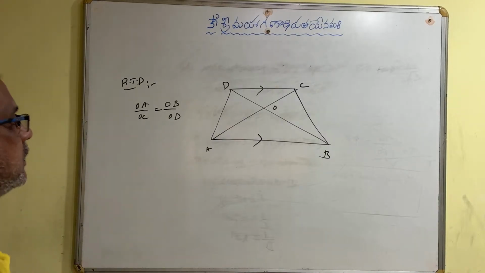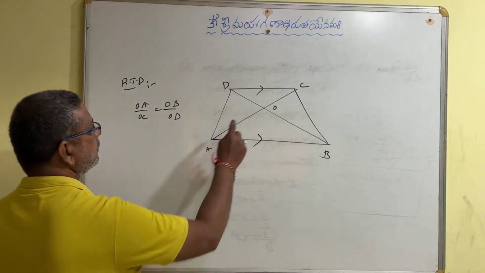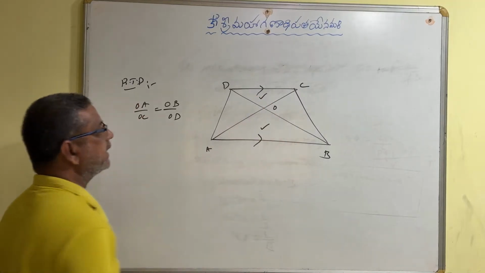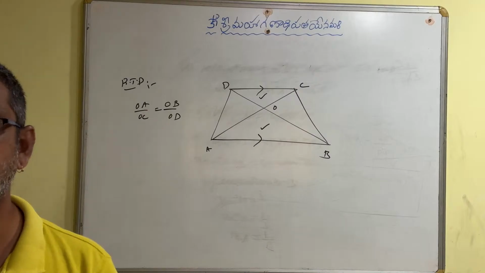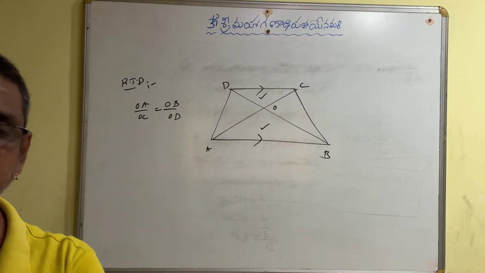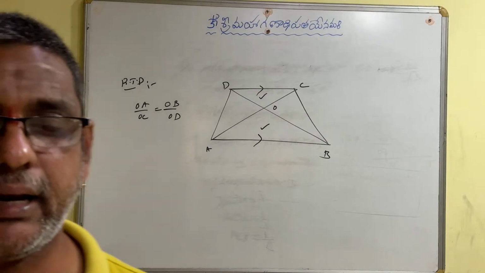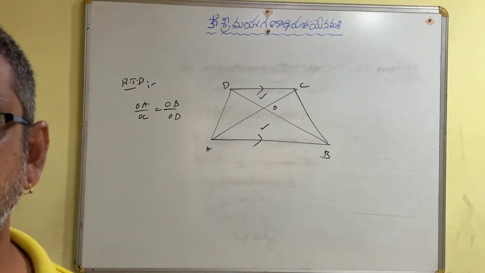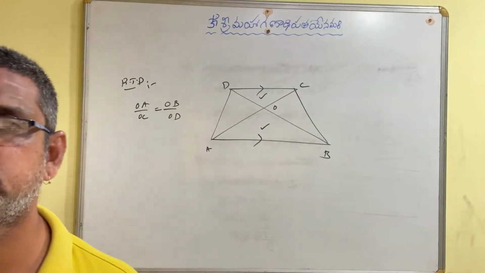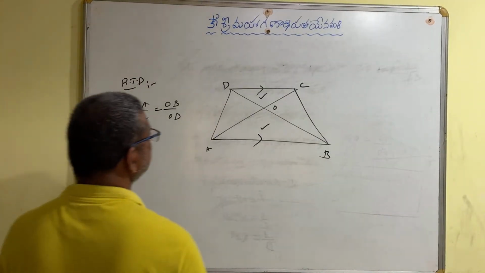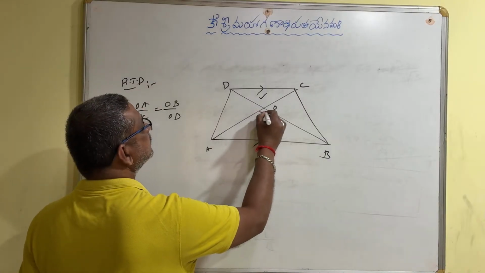Now, OA, OC, OB, OD, that means we need to prove these two triangles are similar: triangle AOB and triangle COD. Are they similar? Yes, they are similar.